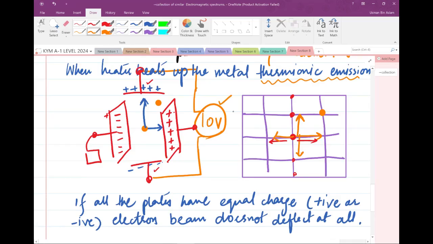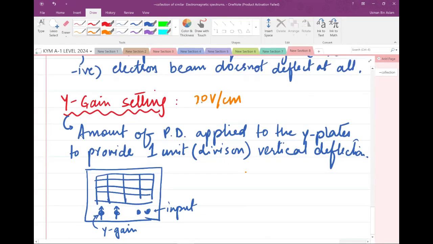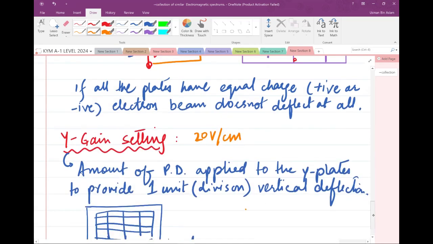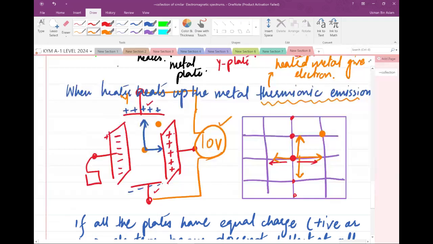If I choose this to be the Y gain setting, that means when 10 volts are provided to the Y plates, that's when the electron beam will deflect 1 centimeter vertically upwards. If instead of 10, I choose it to be 20 volts per centimeter, electron beam will move 1 centimeter upwards only when 20 volts are attached to the Y plates.